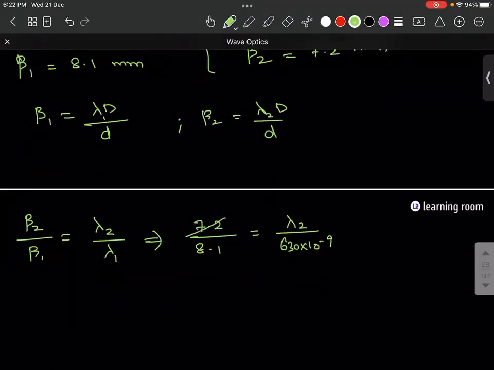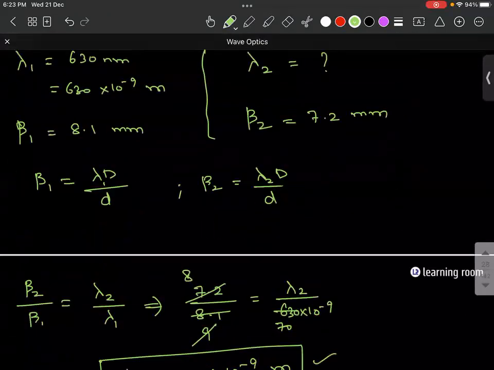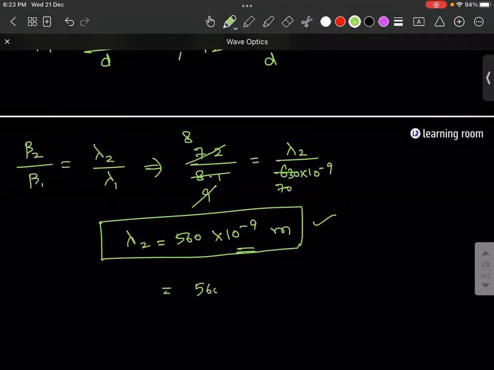This goes 8 by 9, sir. So it is going to be 70. So lambda 2 is equal to 560 into 10 power minus 9 meter, or 560 nanometer.